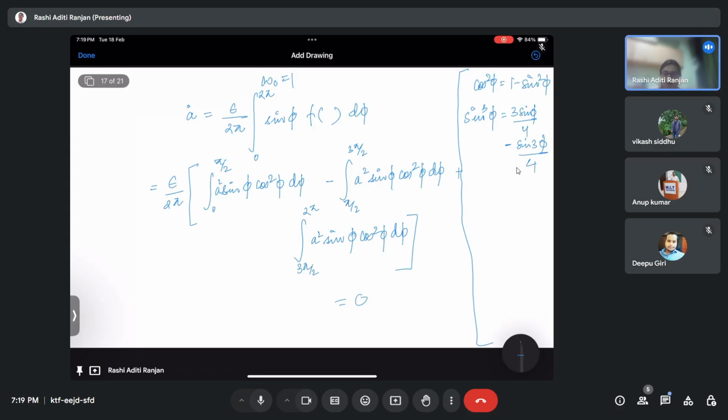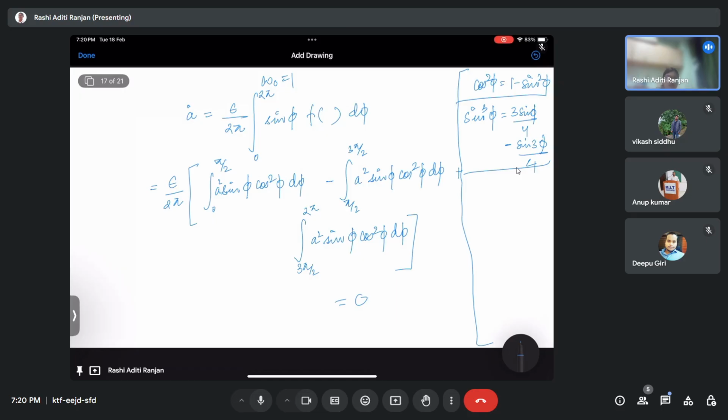I'm not going into the whole process because this is purely integration, which you can do. Just use these two identities, convert everything into sine phi and sine 3 phi terms, and after that you can apply the integration. The integration of sine phi is minus cos phi, and when you put the values of cos phi, like 3 pi by 2, pi by 2, all these values, it is going to come out to be 0.